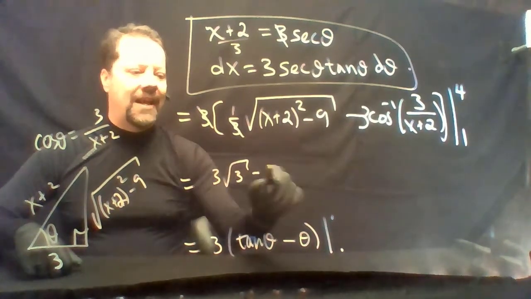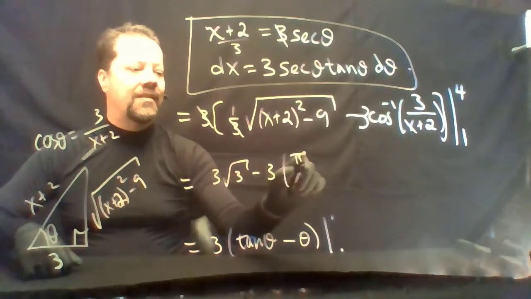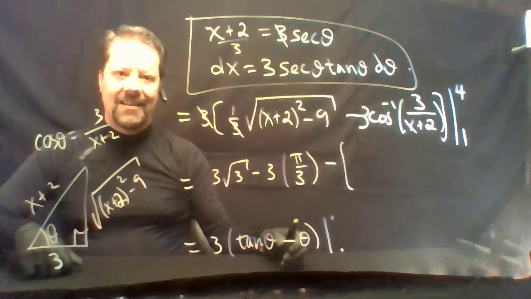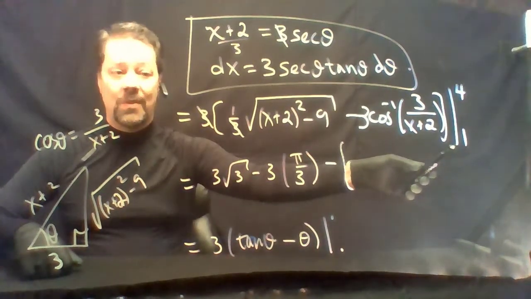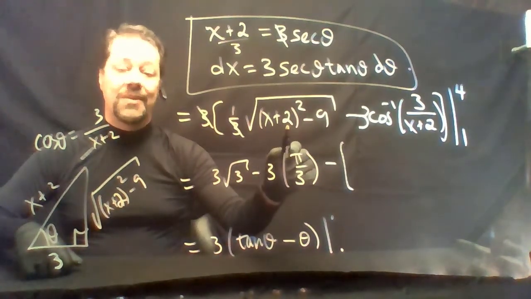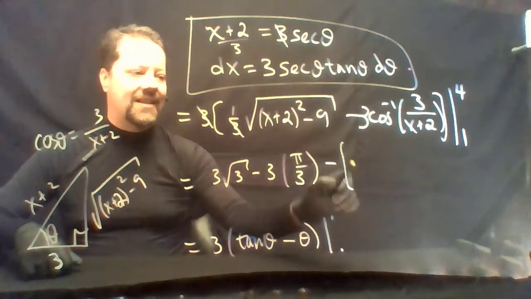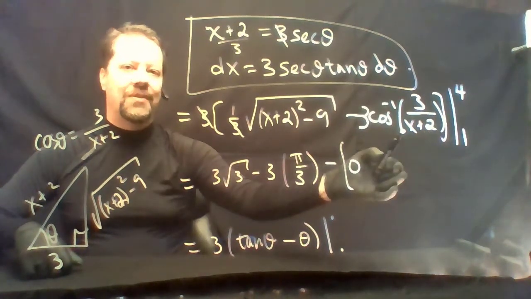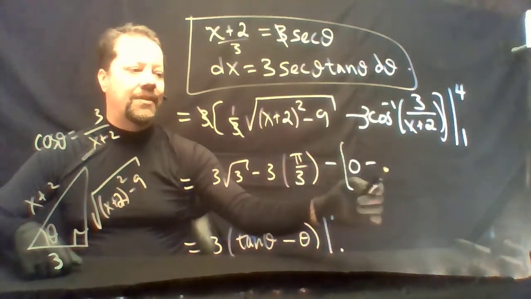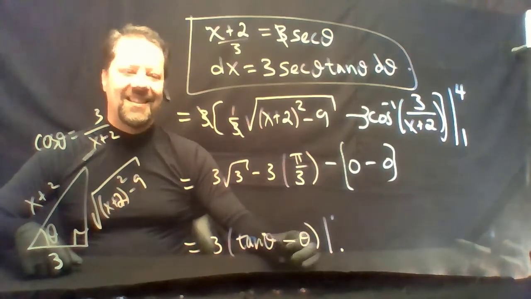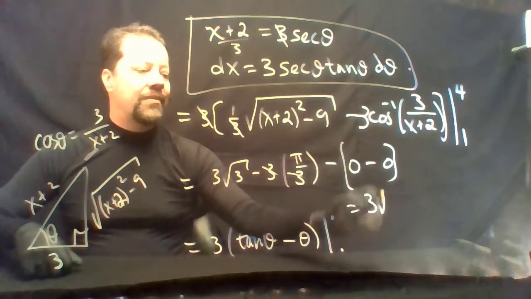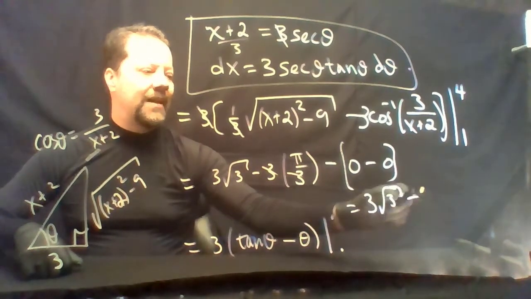The arc cosine of 1/2 is pi over 3. Now we need to plug in x equals 1. 1 plus 2 is 3, squared is 9, 9 minus 9 is 0. 3 divided by 3 is 1. Inverse cosine of 1 is 0. Looks like our answer is 3 root 3 minus pi.